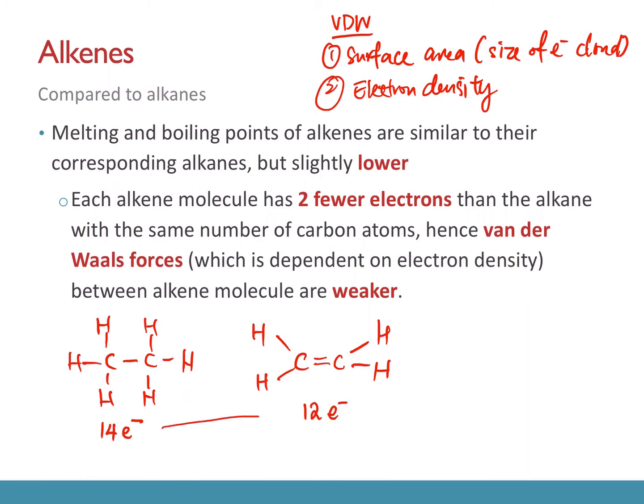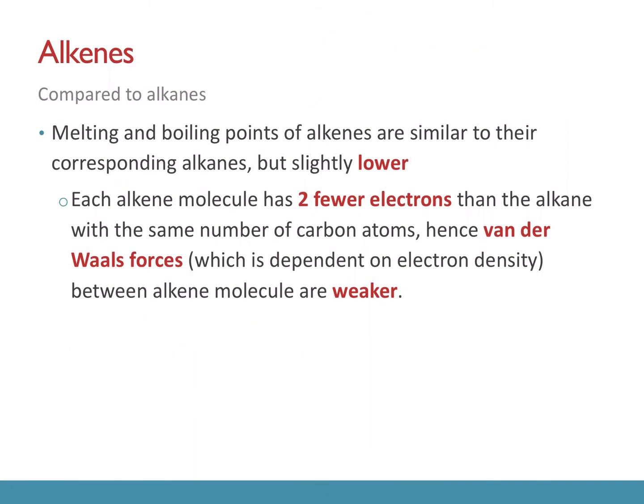So you see that there are always 2 fewer electrons. This is because the double bond makes it unable to bond to 2 more hydrogen atoms, so they will have fewer electrons. Therefore, van der Waals forces become weaker comparing alkene to alkane.